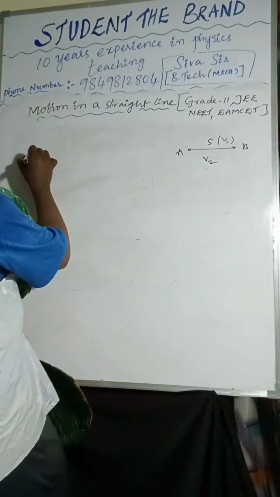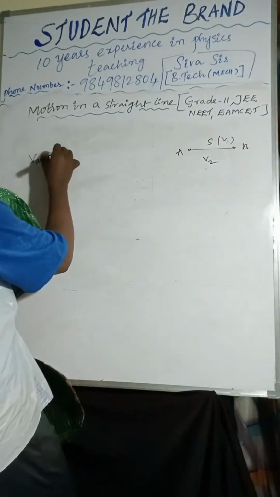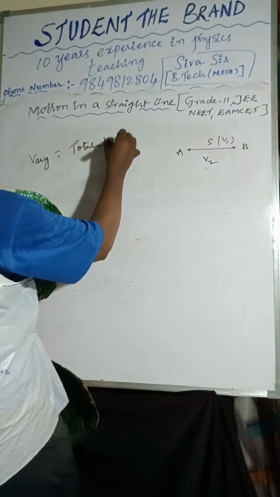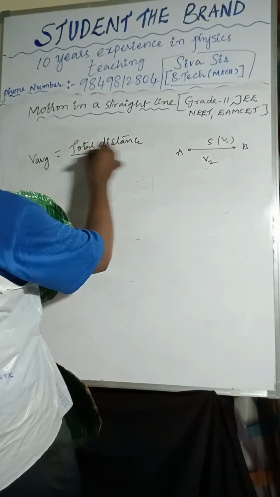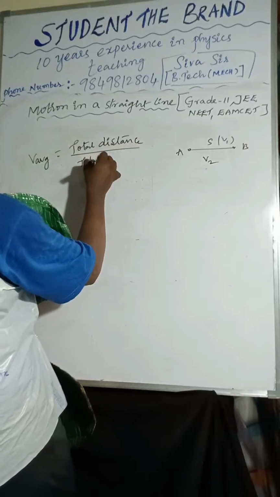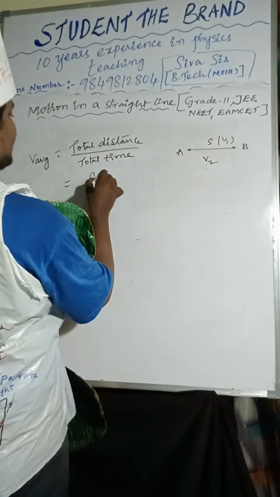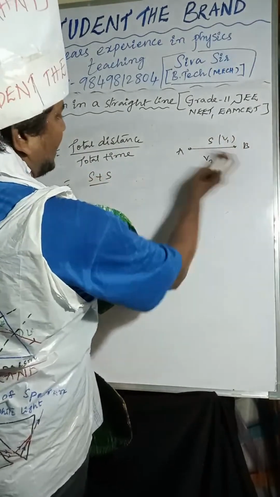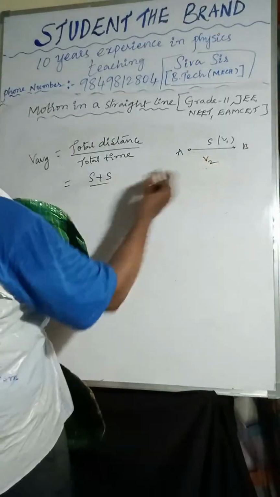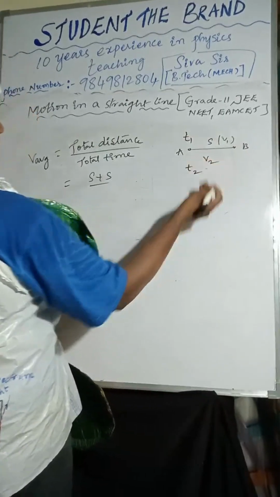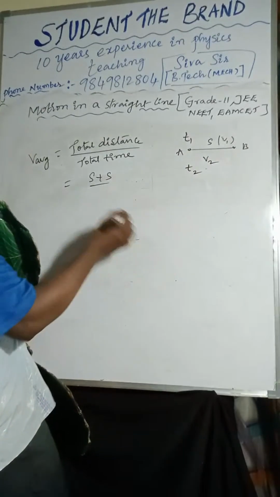Then average speed equals, as I said, total distance by total time. So total distance how much? S plus S. So the total distance is 2S. Time is different because the speeds V1 and V2 are different, so automatically the time also will be different.